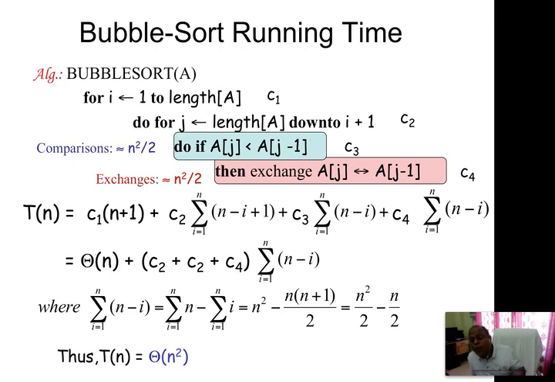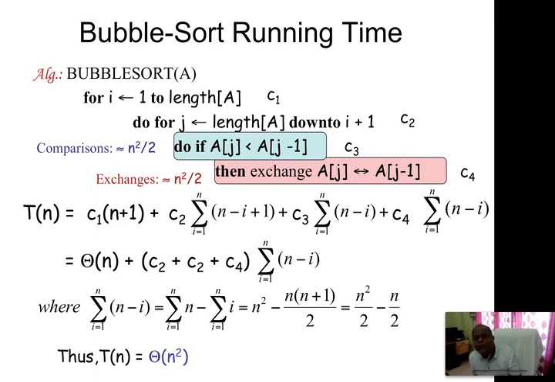If the elements are arranged in descending order and you are sorting in ascending order, the exchange will be nearly n square by 2. Otherwise the time complexity of the bubble sort algorithm is theta of n square.